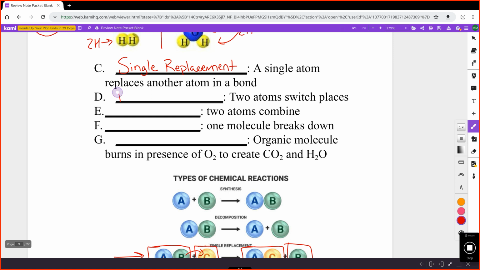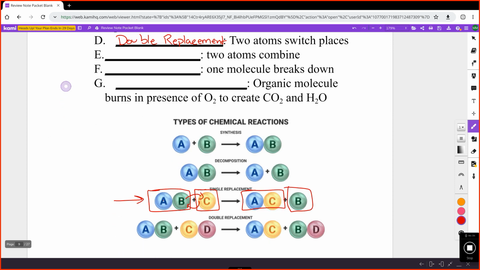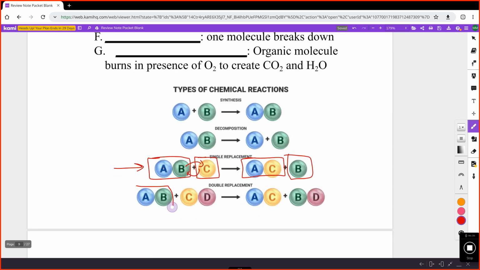If there's a single replacement, there's a double replacement. This is when 2 atoms switch places. And it's the same concept as before, where we have A and B, and we have C and D. And in this process, C is going to swap with B again. But because C was already in a bond, when B switches places, it in turn is also replacing C. Right?